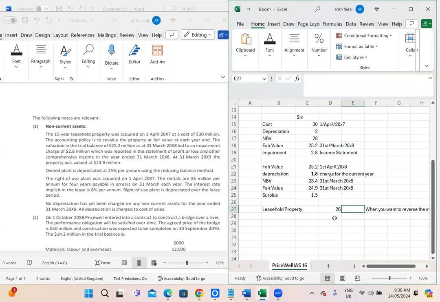And whenever you are reversing the impairment, first you have to charge it into the income statement, and then the extra amount, the excess, would have to be recorded in your OCI. So here, because we have 2.8, right?